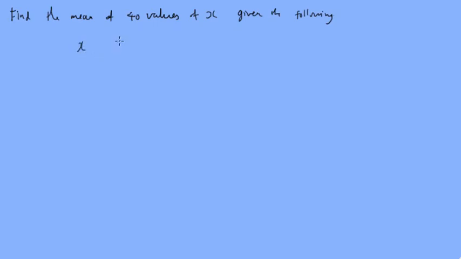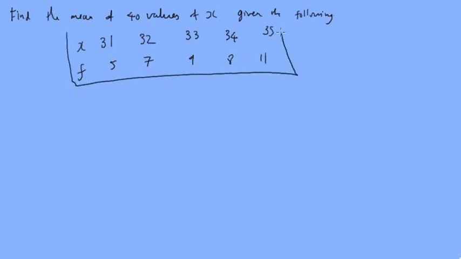So x can be 31, 32, 33, 34, or 35. And the frequency of these values is 5, 7, 9, 8, and 11. So that's what we're given.